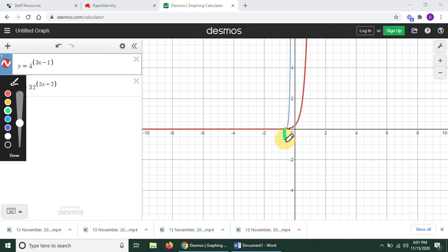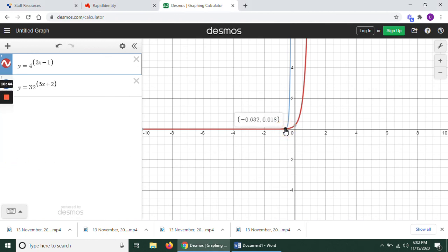They meet right here, so that's the point I will be clicking on. Then the x coordinate, that would be our answer, negative 0.632. So this is the easier way to do this problem.